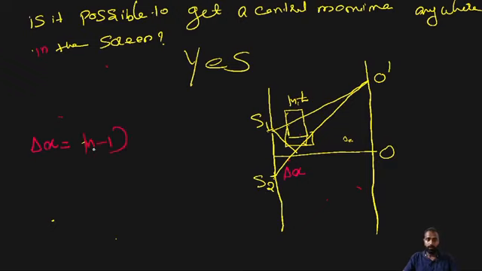That is (mu minus 1) times the thickness. Is it okay? I hope it is okay.